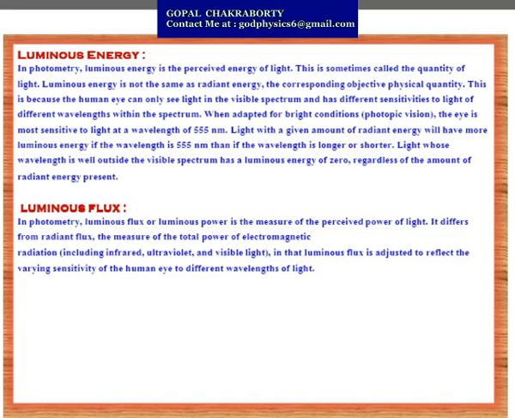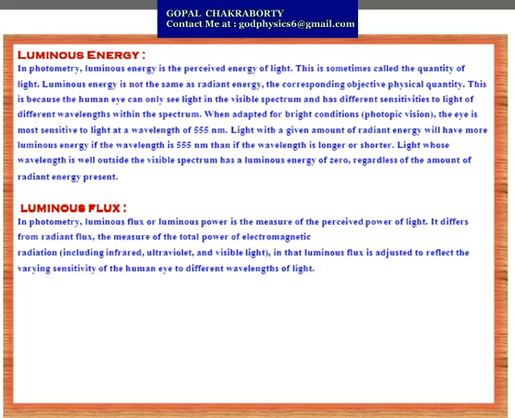Luminous energy is not the same as radiant energy, the corresponding objective physical quantity. This is because the human eye can only see light in the visible spectrum and has different sensitivities to light of different wavelengths within the spectrum.